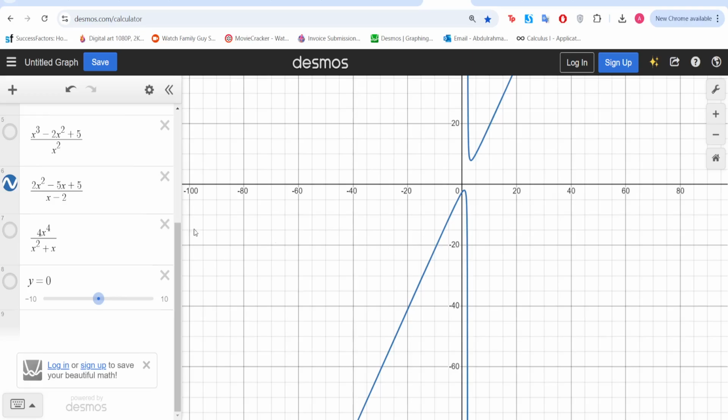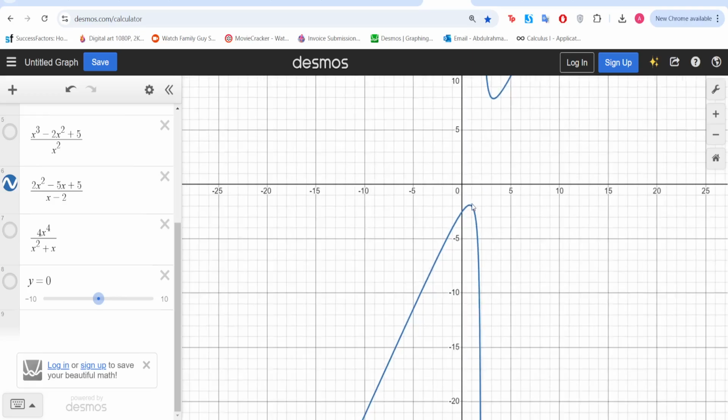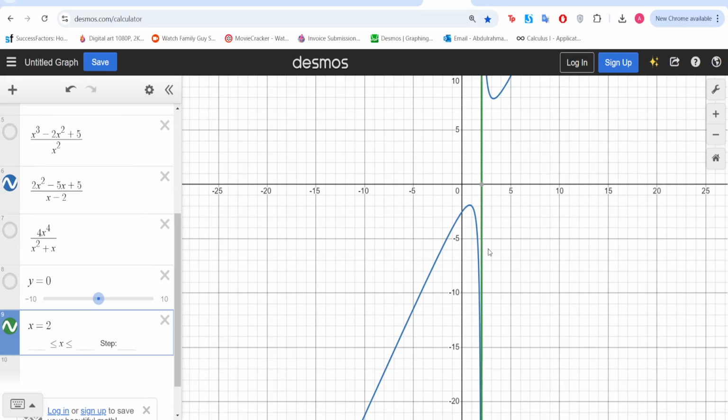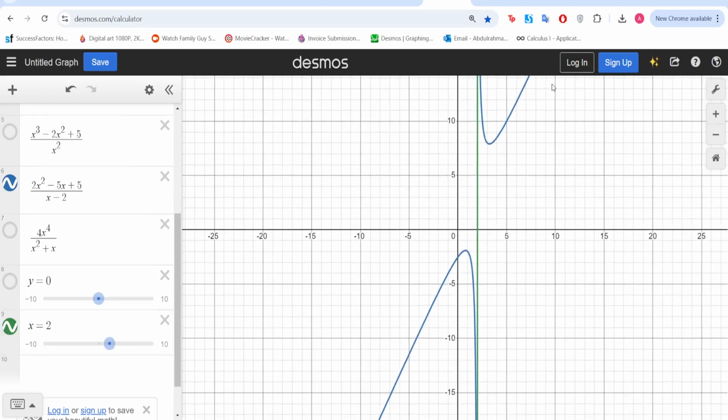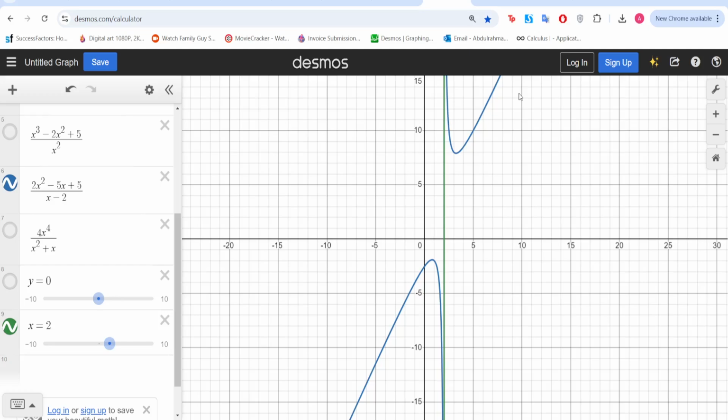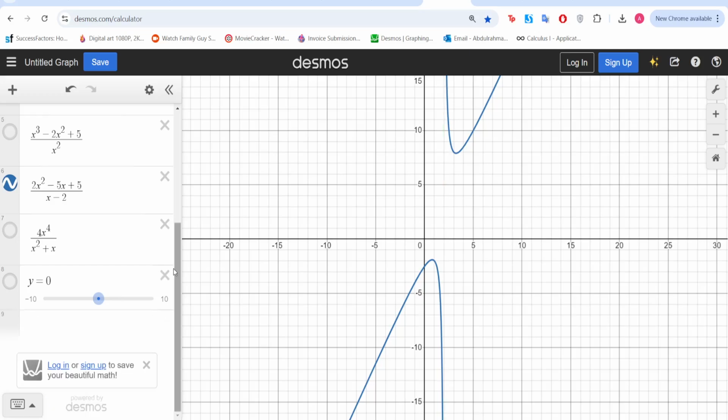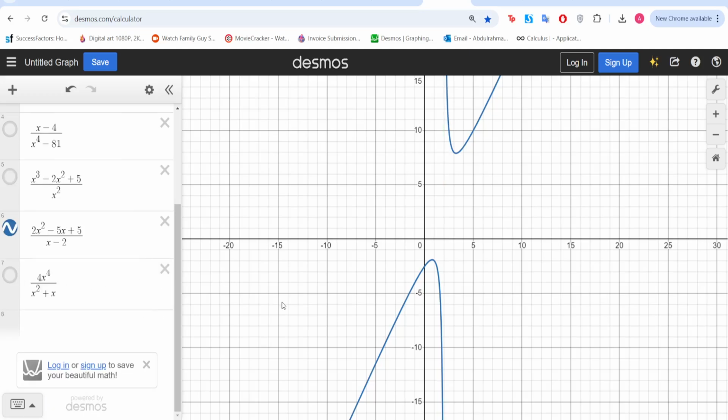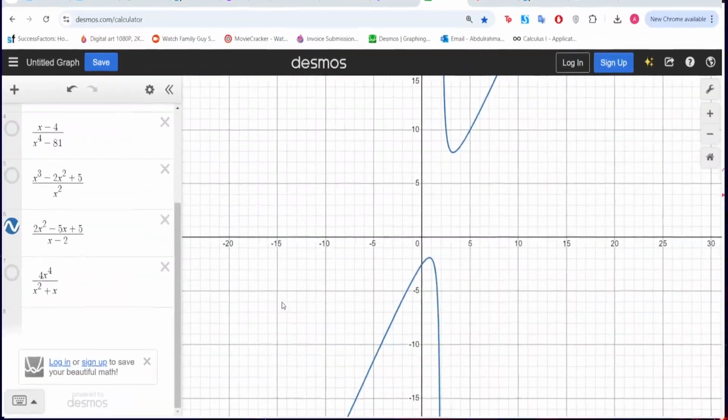And over here, just a quick revision. If you notice that x minus 2 is in the denominator, x equals 2 is going to give me a vertical asymptote. So if we plot x equals 2, again, we have a vertical asymptote. If you want to revise this, I left all the links to the previous videos in the description, and you will see them on the top right hand corner.